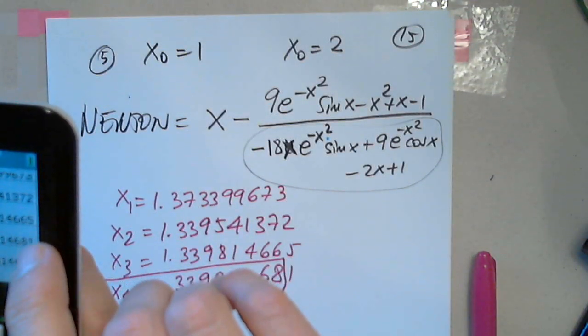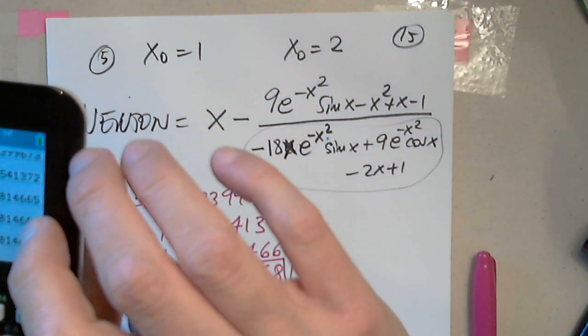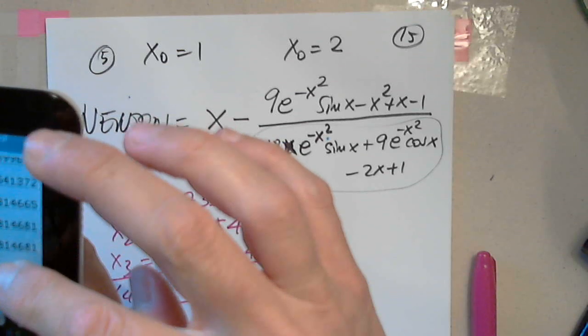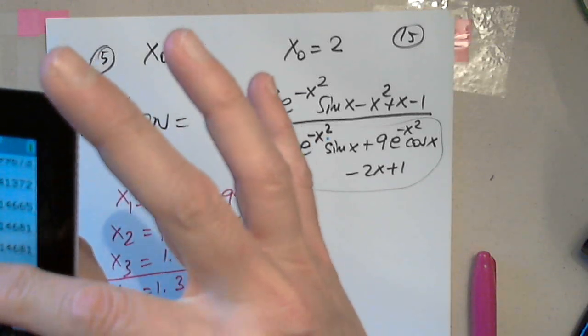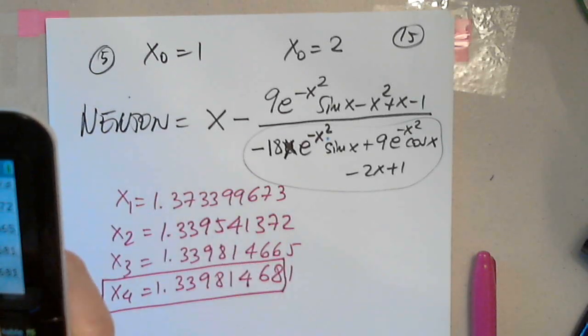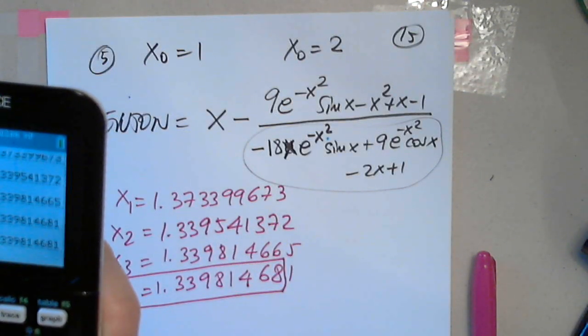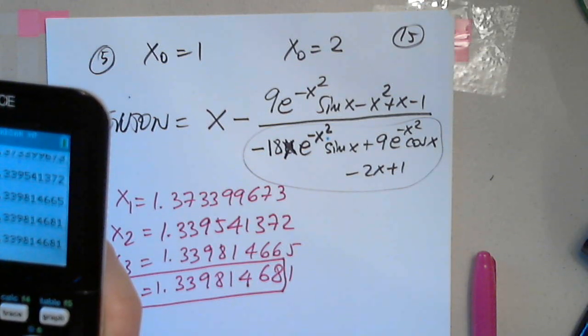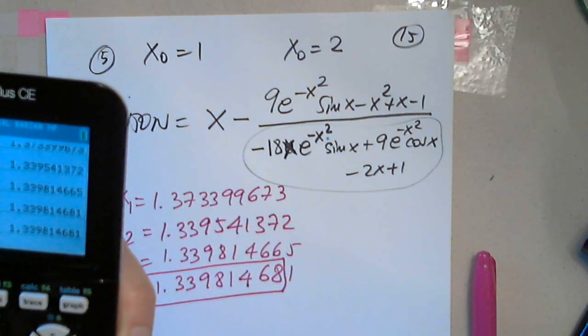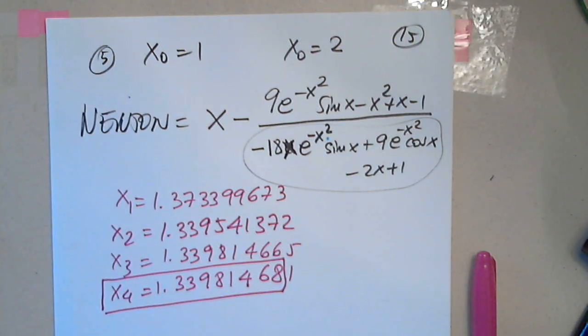I only had 7 digits identical till here. But this is 6 and this is 8, so I had to go one more step. But now I realize that they are the same, so there is no need for number 5. Number 4 gives me everything I need. Is that okay? Yes.